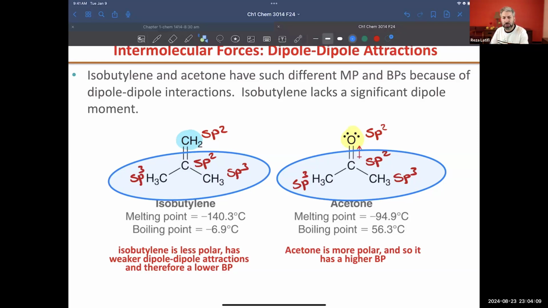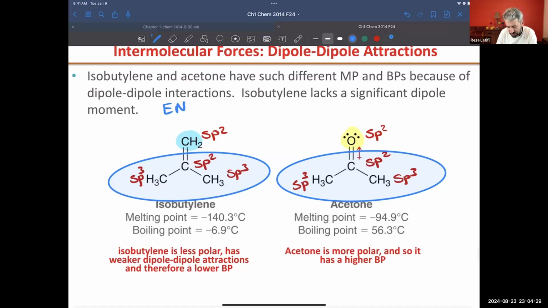Oxygen does have sp2 hybridization like CH2, but oxygen is more electronegative than carbon. Remember, we're talking about the same hybridization. Because the electronegativity of oxygen is way higher than that of carbon, I expect to see more of a pulling effect from oxygen.